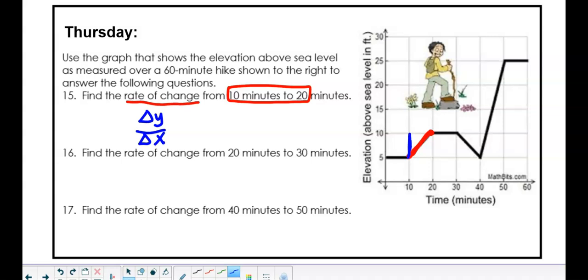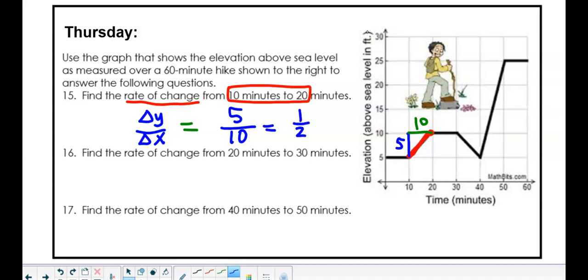So it looks like the y values go up one box, but the boxes go by 5s. So we went from 5 to 10. So that's a difference of increasing 5. And now when we look at the x value here, we see we go from 10 to 20. So that's a change in x of 10. So the answer here is 5 over 10, also known as 1/2.